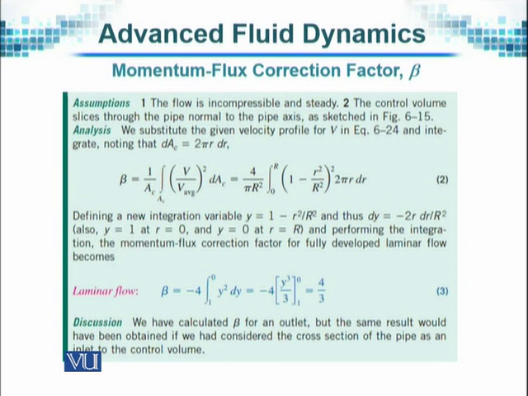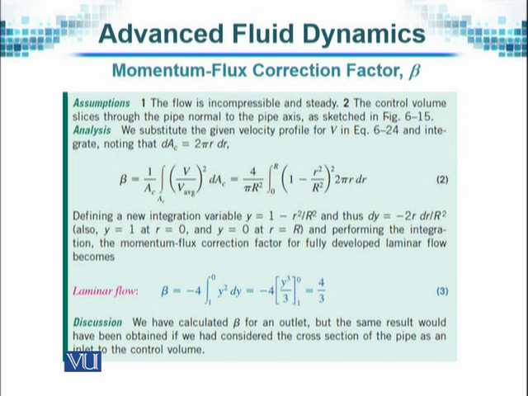The flow is incompressible and steady, which is the first thing we assume. That makes our working simple: we don't have to worry about compressibility, the density becomes constant, and being steady, there will be no change with time.